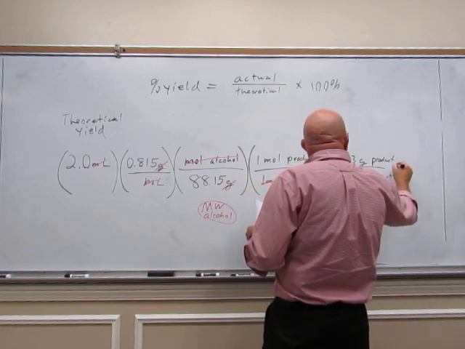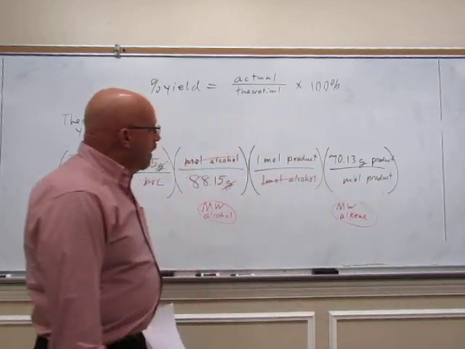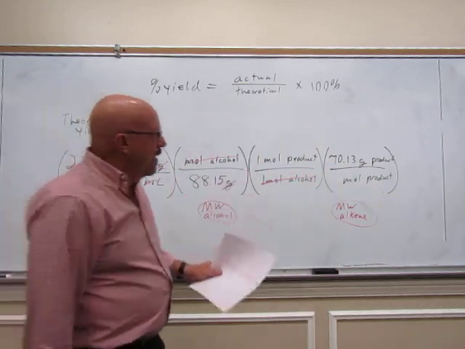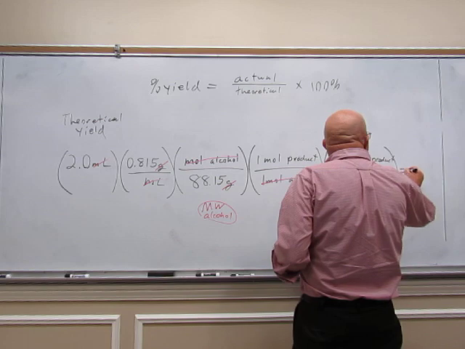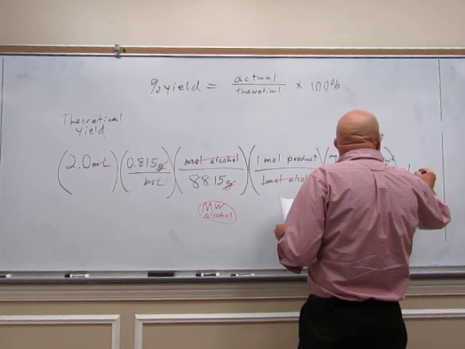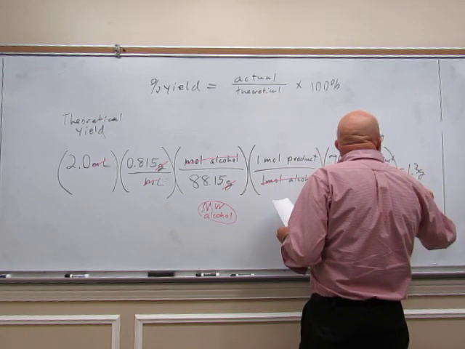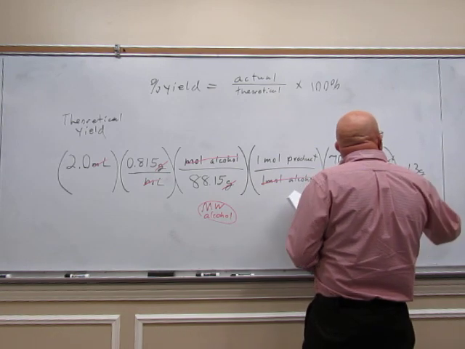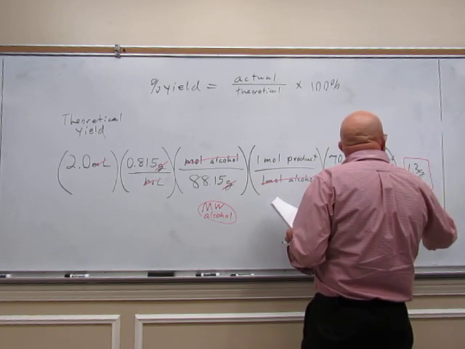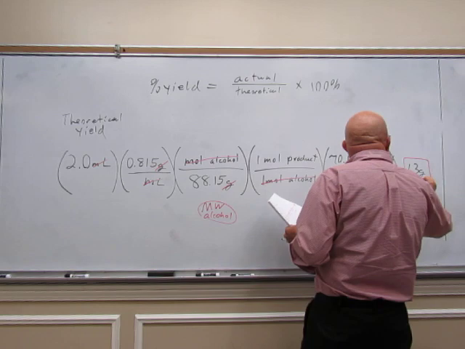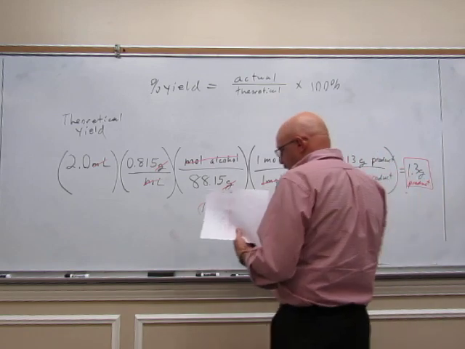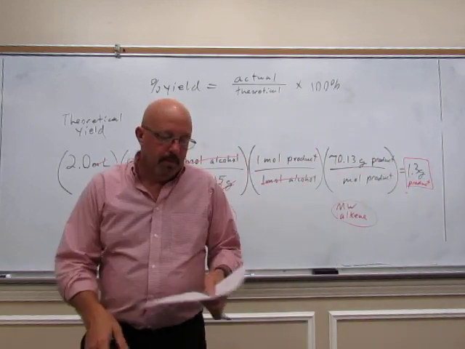That's the molecular weight. Now, if we multiply all that, that gives us our theoretical yield. 1.3 grams of product is our theoretical yield.